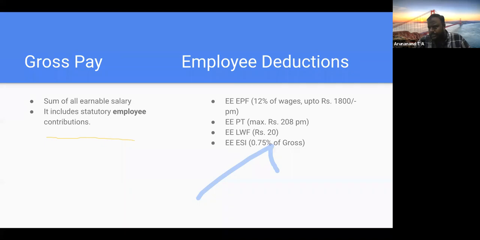If somebody's salary is, say, 15,000, and they worked in an organization for, say, 6 months, and they contributed to ESI, and they go for maternity leave, for example, 6 months of maternity leave.